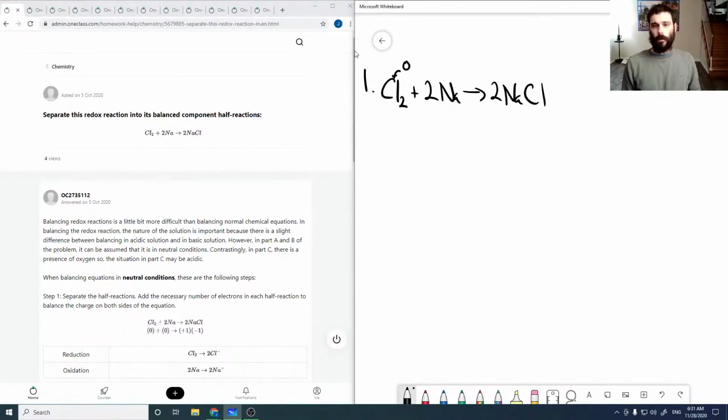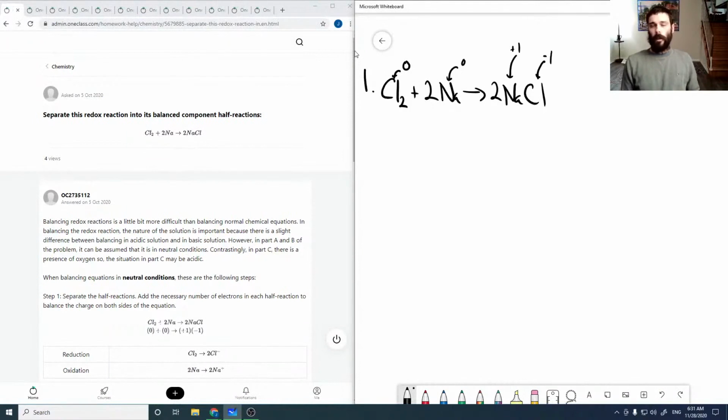So here, because chlorine's a pure substance, it's going to be 0. Here it's just sodium, so the total charge is going to match, which is 0. And then here we've got NaCl, and halogens will typically be -1, and alkalis will typically be +1. So that's going to be the formal charge there.